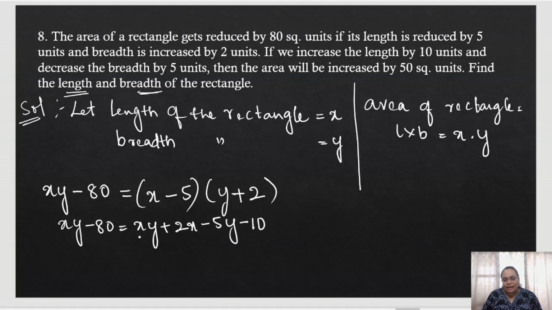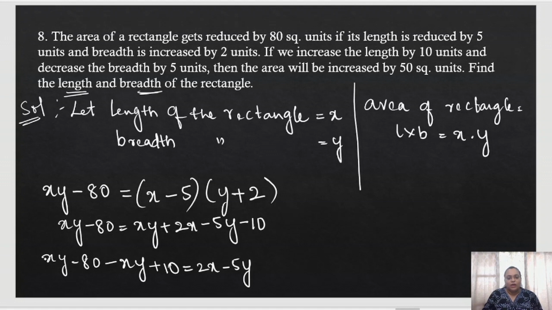See here, I am taking this xy to the LHS and also this minus 10 to the LHS. So xy minus 80 minus xy, and this minus 10 also goes to the LHS, which becomes plus 10, is equal to 2x minus 5y.